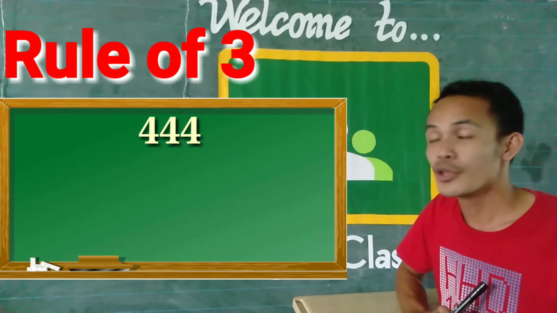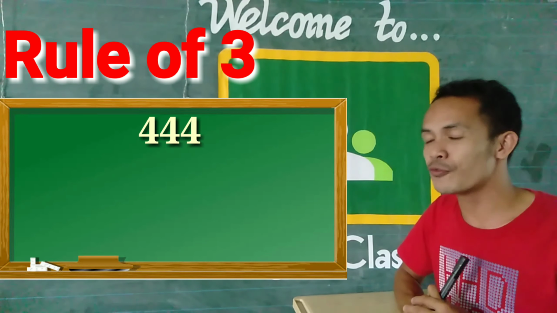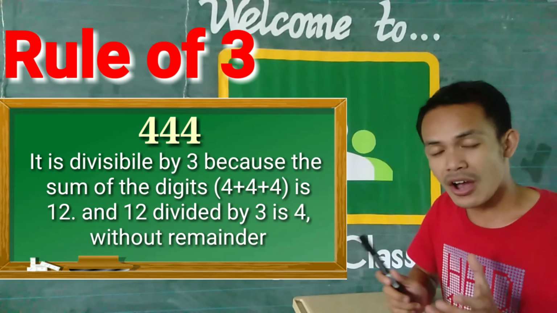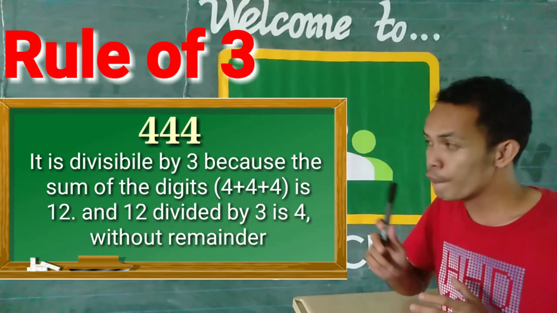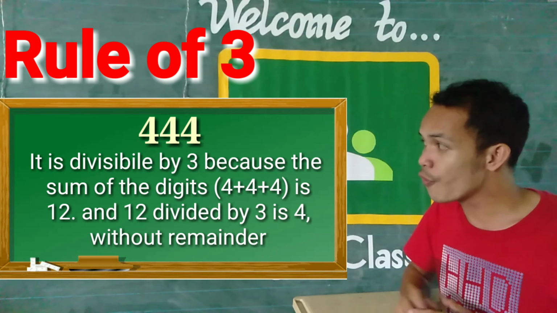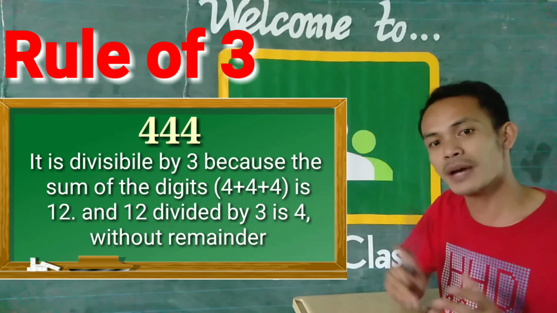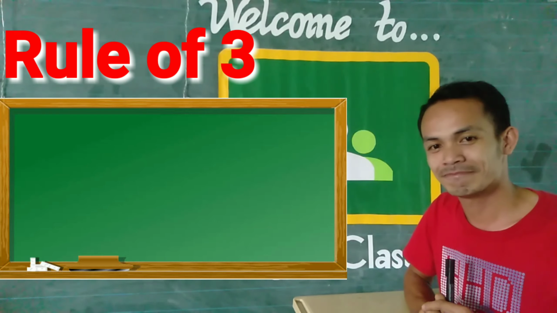Another example, 444. 444 is divisible by 3 because when you add the digits 4 plus 4 plus 4, it is 12. And 12 divided by 3 is 4 without remainder.